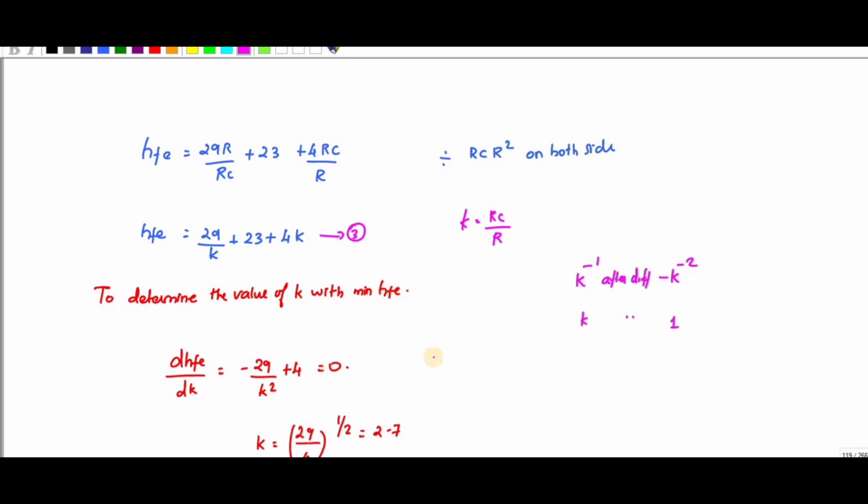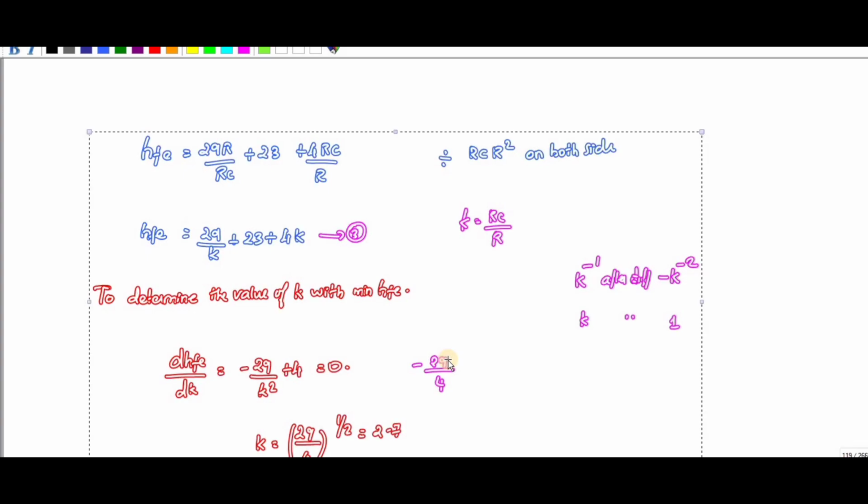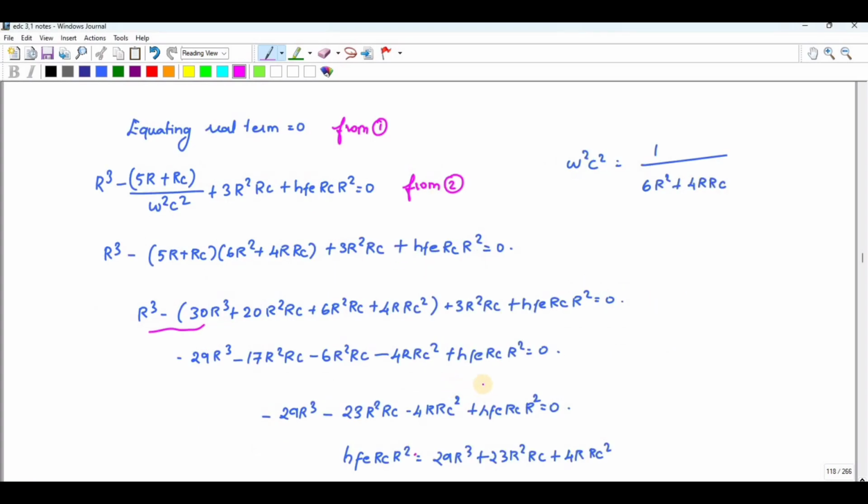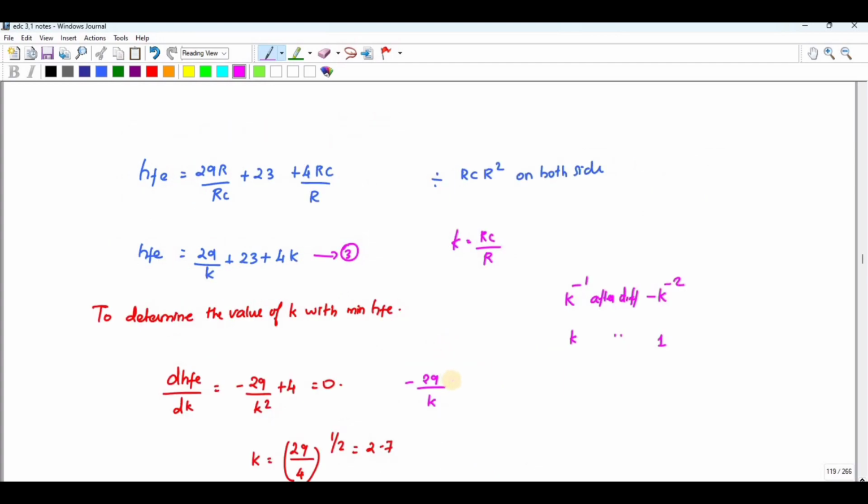K square is minus 29 divided by 4, minus 29 k square is equal to minus 4.